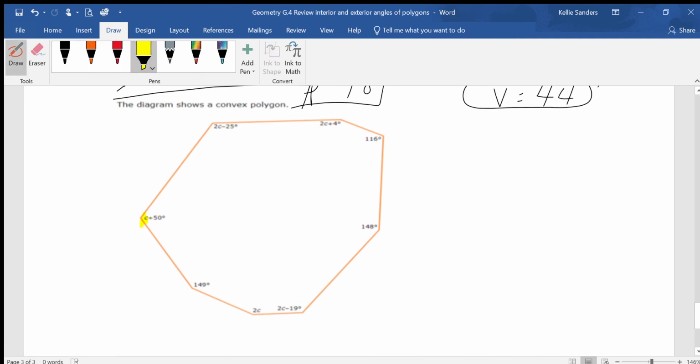Same thing, we have 1 C, 2, 3, 4, 5, 6, 7, 8, 9 C's. Then I'm grabbing my calculator. Negative 25 plus 50 plus 149 minus 19 plus 140.